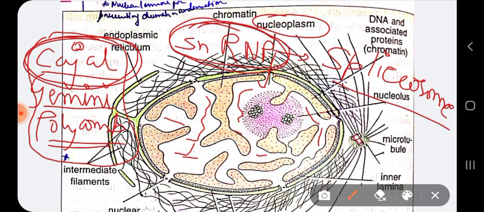So these Cajal bodies, which are found within the nucleoplasm, are the sites for assembly of snRNP.